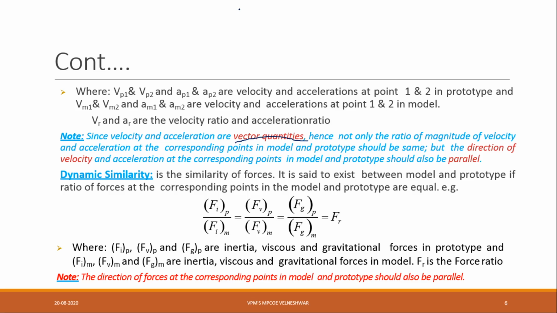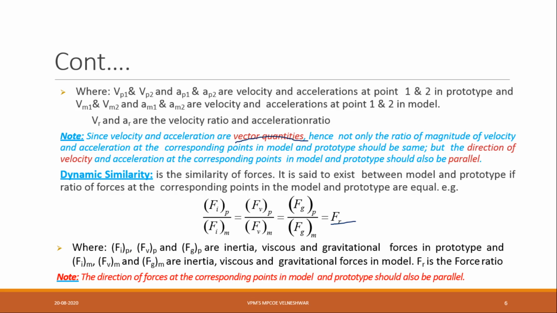Next one is dynamic similarity. It is nothing but the ratio of forces: Fip upon Fim, Fvp upon Fvm, Fgp upon Fgm, that is equal to Fr. Here what is Fi, what is Fv, what is Fg, that is the main point.